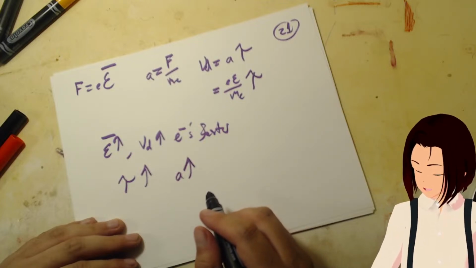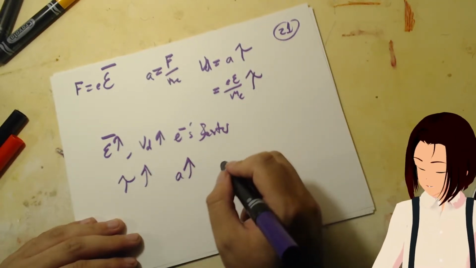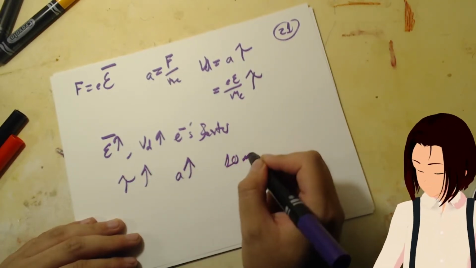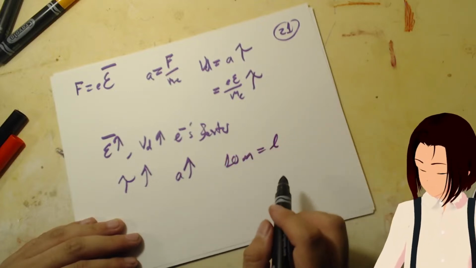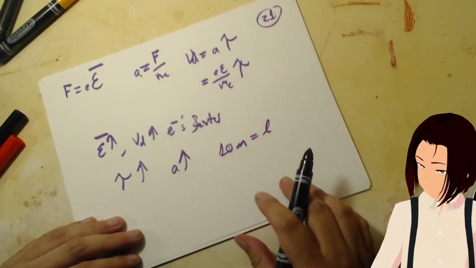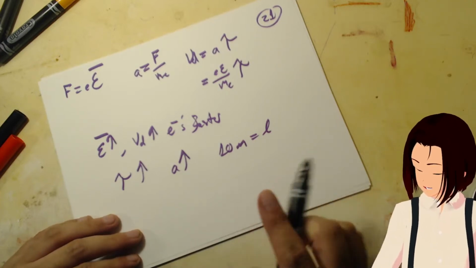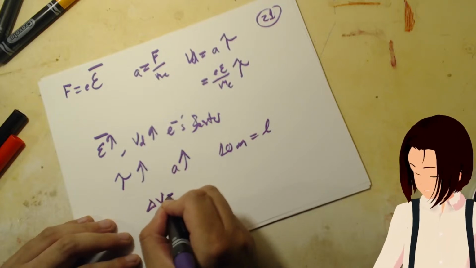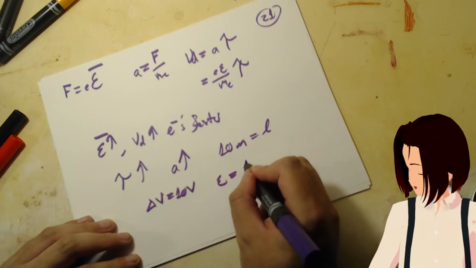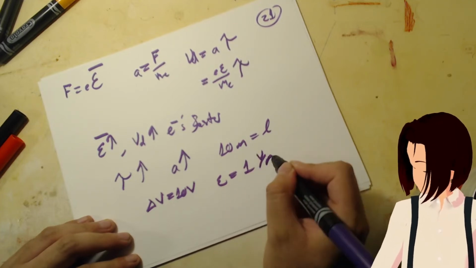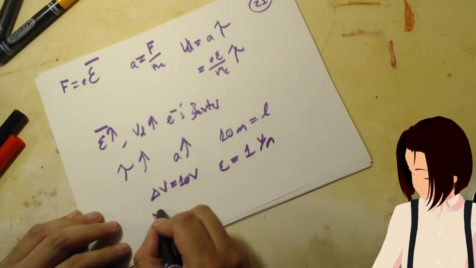Let's say we have a copper wire of 10 meters, equal to the length, and we apply a potential difference of 10 volts. The electric field is 1 volt per meter. Therefore we have a drift velocity.